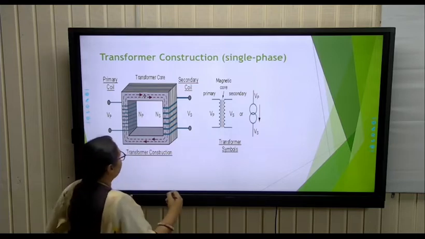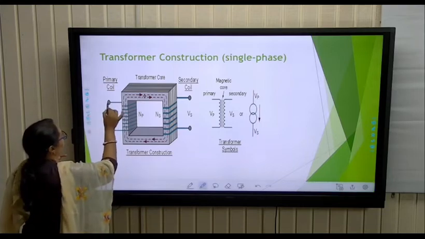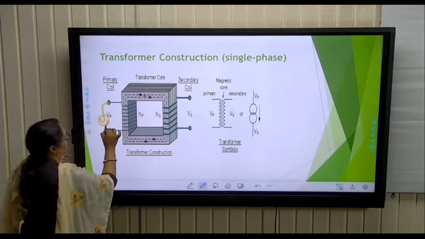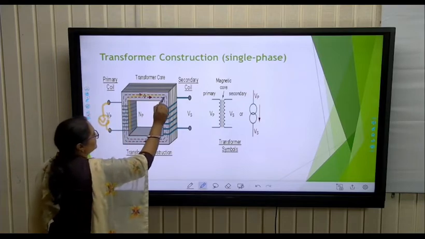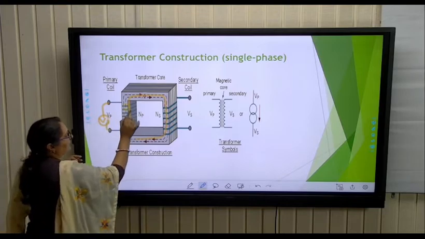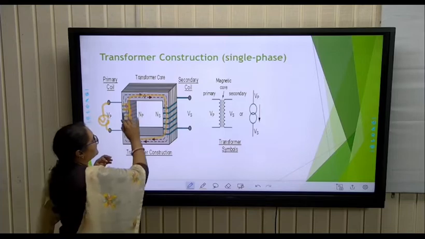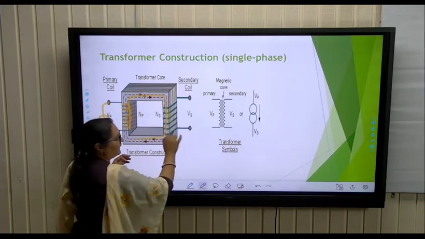Okay. So let me again explain with this diagram. When you apply the voltage here, flux will start circulating in this core, isn't it? Because of the current which is going to circulate through this part of the winding. And this flux is going to link with this side of the winding.